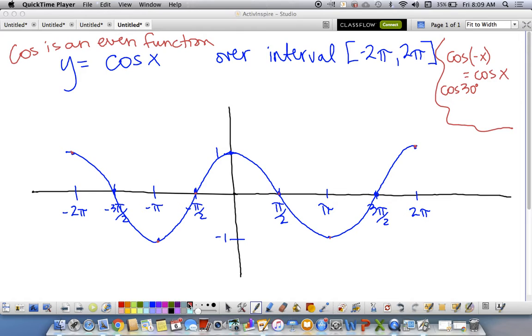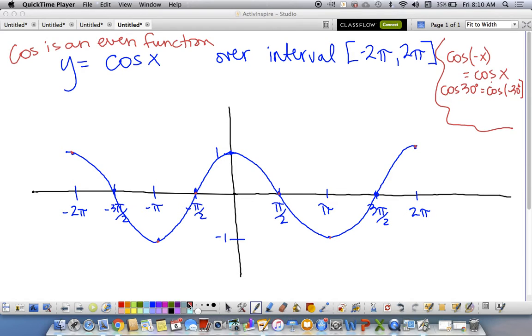Cosine 30, 0.866. Got more decimals. Now plug in cosine negative 30. You get the exact same decimals. They're not even negative. So cosine 30 really equals cosine negative 30.